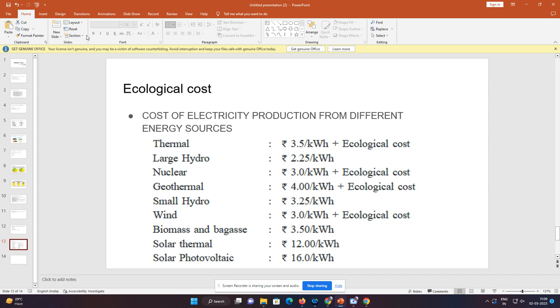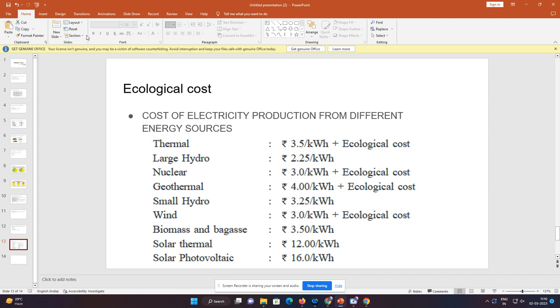Here thermal is 5 rupees 3.5 per kilowatt hour, plus they are adding ecological cost, meaning installation of equipment and damages.